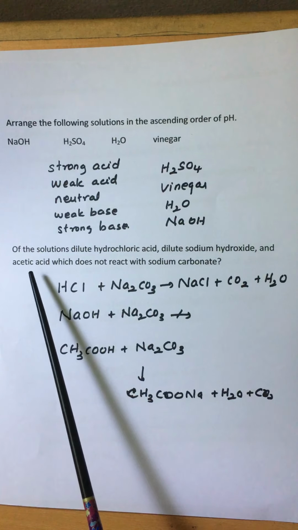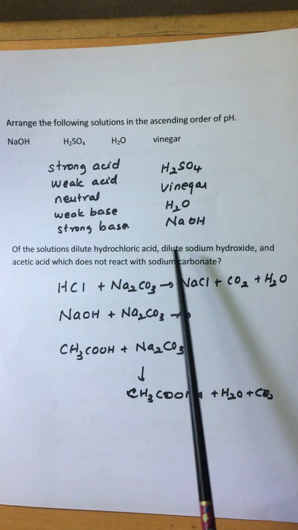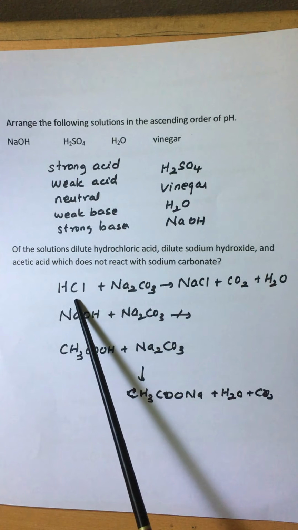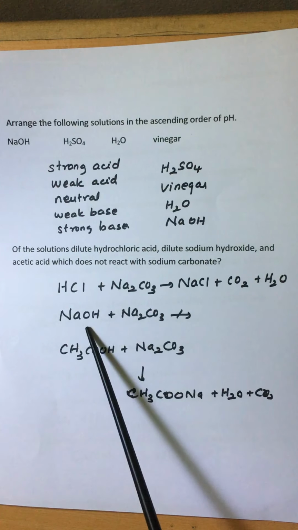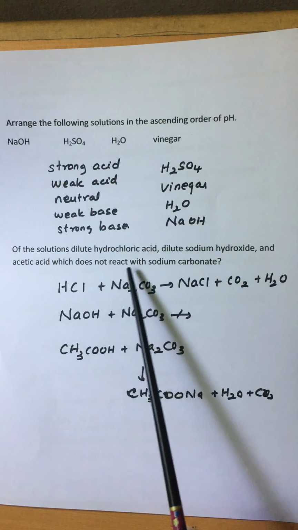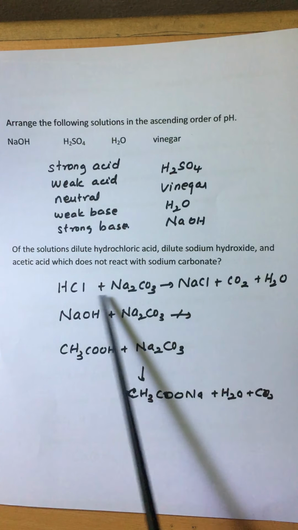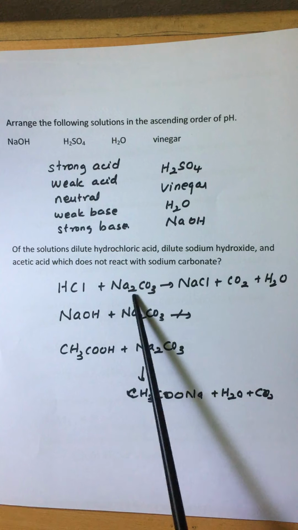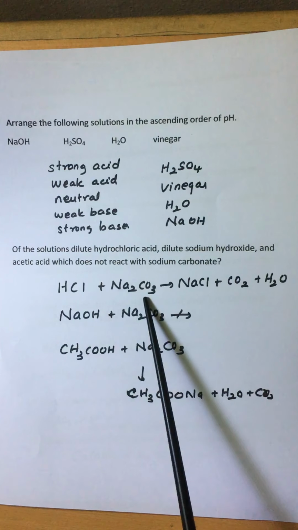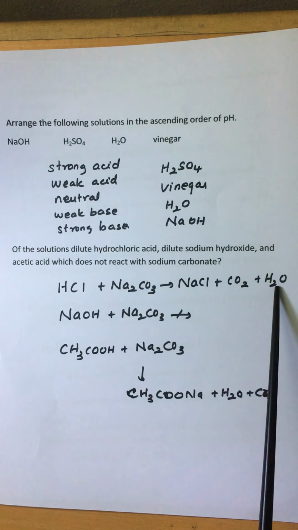The last question: of the solutions dilute hydrochloric acid, sodium hydroxide and acetic acid given, which does not react with sodium carbonate? When you add sodium carbonate to HCl, it reacts, double displacement reaction, giving sodium chloride, carbon dioxide and water.